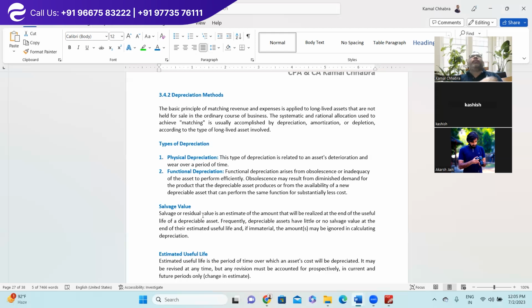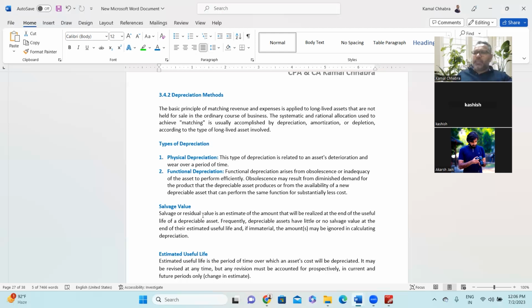For example, like the cars, in the pre-COVID scenario, people were purchasing a lot of cars, right? But during the COVID time, everything almost closed down, and there was a huge drop in cars.